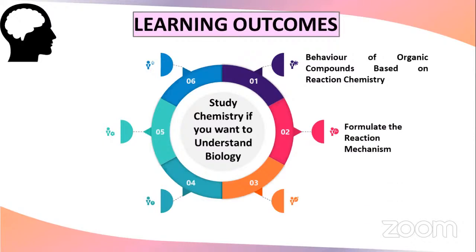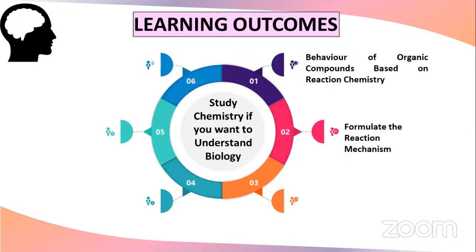Not only will we be studying the behavior of these compounds, after this course the students will be able to formulate chemical reactions. If you are given a starting material and the reaction conditions, even if you have not seen or studied that reaction, you will be able to formulate the reaction mechanism.